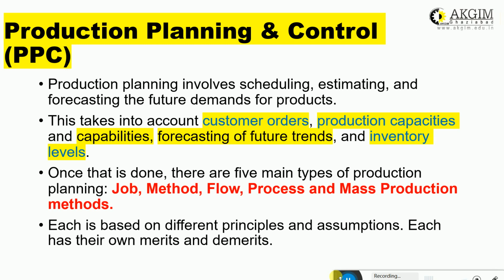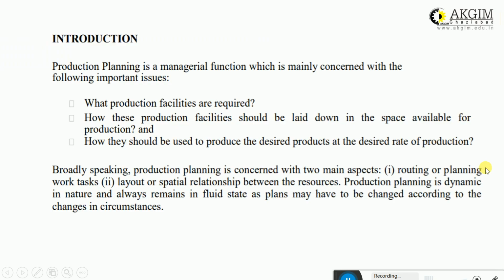So there are five main types of production planning: job method, batch, flow, process, and mass production methods, and each one is based on different principles and assumptions. We'll talk in a little more detail about all these types of production planning, right? Before that, let me take you into more detail of production planning, its stages and steps and how it actually works.